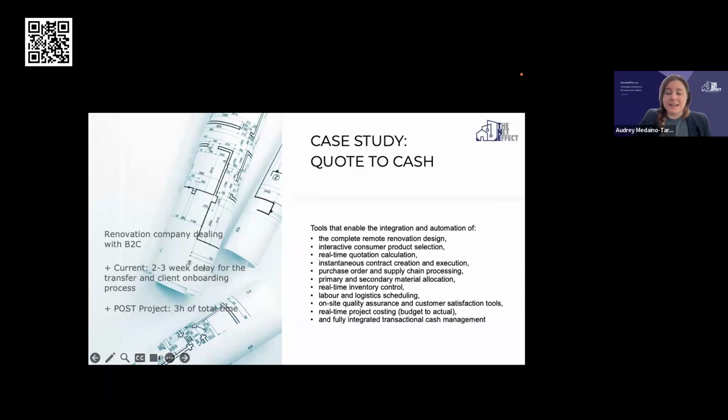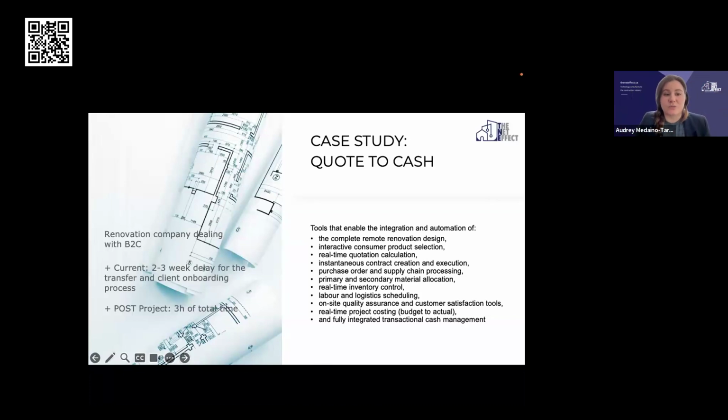We implemented a CRM. We implemented an automated scheduling system. We automated the process from the minute the clients select the products all the way to the invoicing. So we automated little things one step at a time.